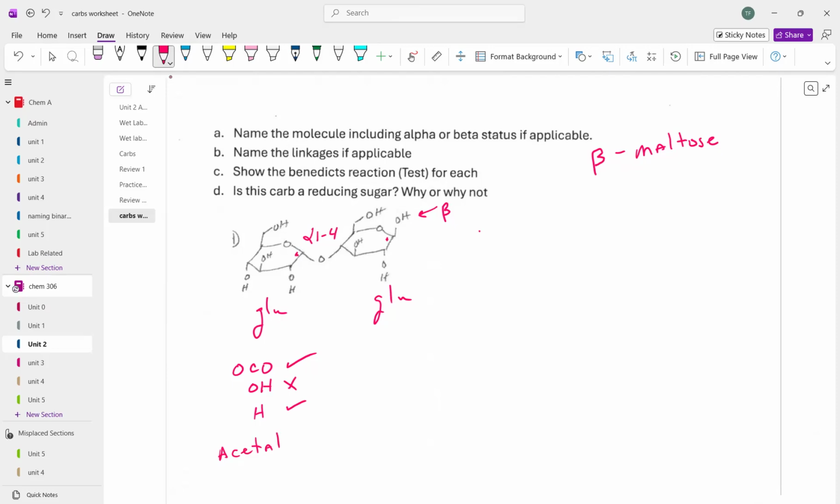And the other one is over here. It does have an OH and it has an H as well. So this is a hemiacetal. And this is the one that can be alpha or beta. And because the OH goes up, it's beta. All right.